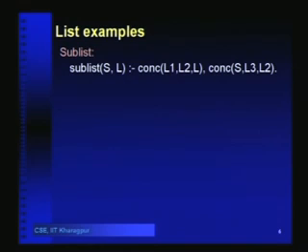We want to find out whether S is a sublist of L. That is going to happen if I can find out two lists L1 and L2 such that their concatenation gives L, and concatenation of S with some L3 gives us L2.